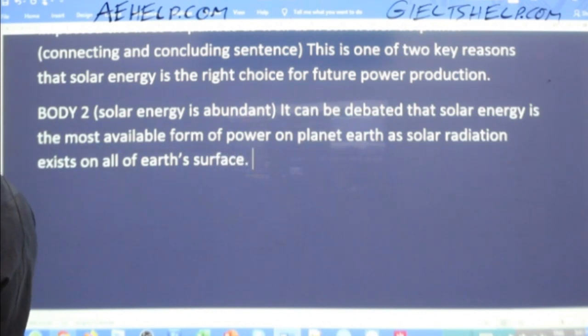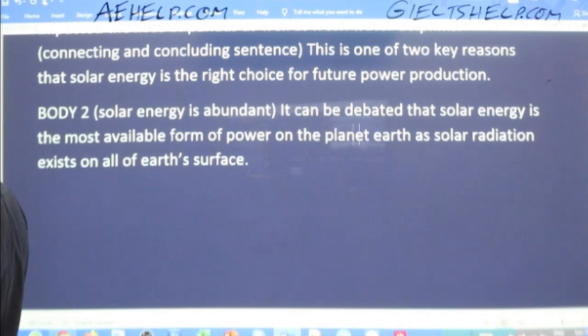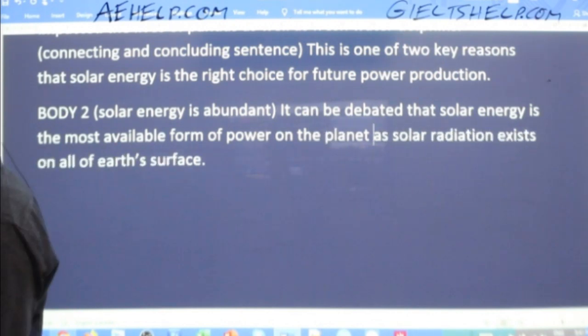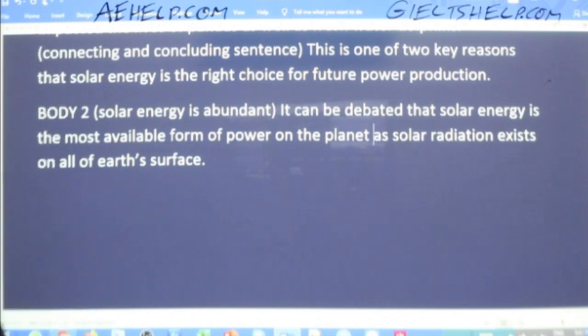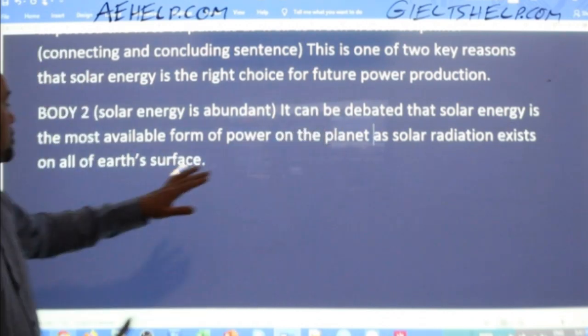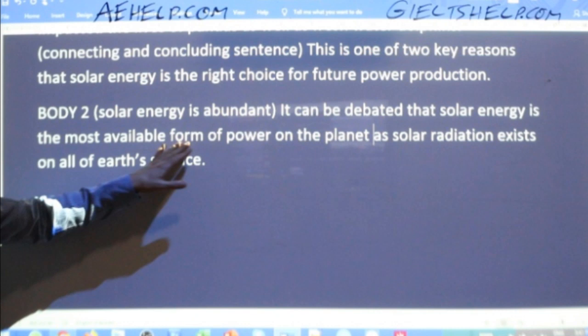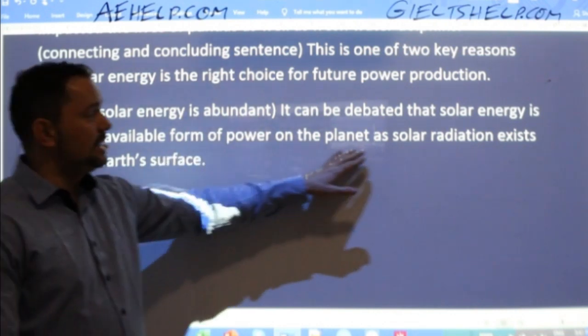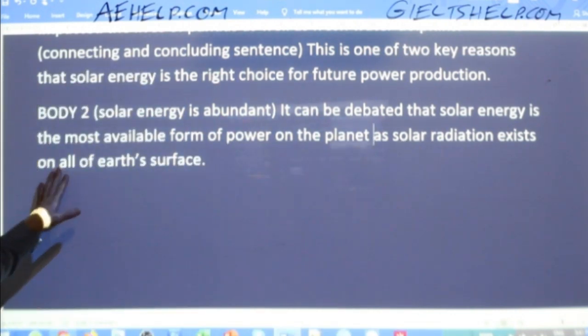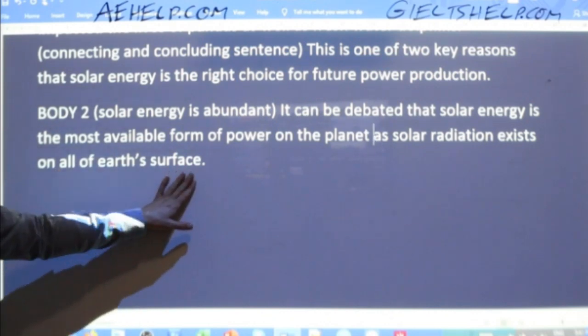Now, I don't want to repeat words, so I'm going to take out the word Earth up here. Okay? This is my topic sentence. It can be debated that solar energy is the most available form of power on the planet, as solar radiation exists on all of Earth's surface.